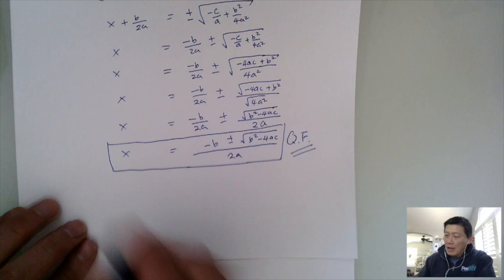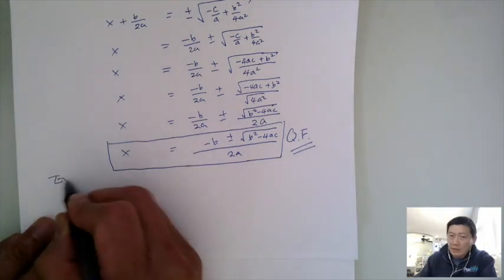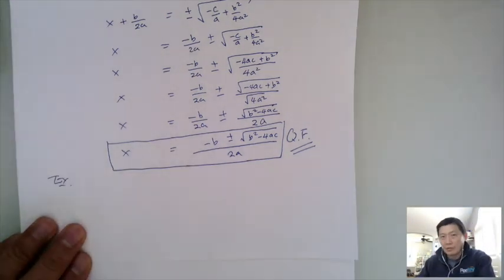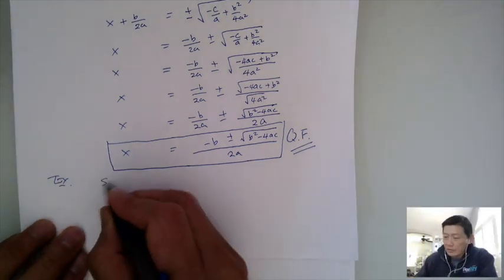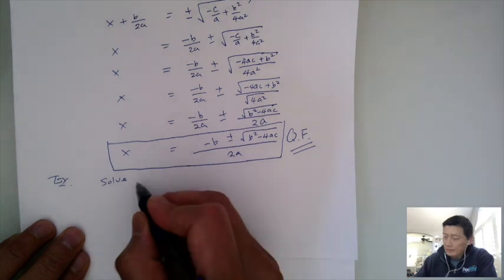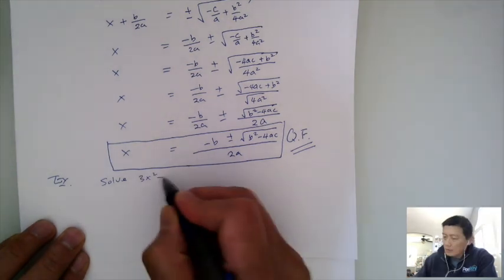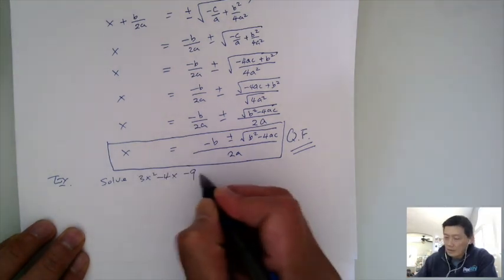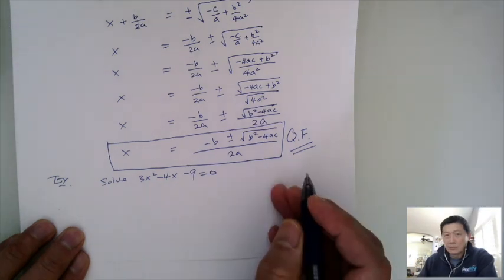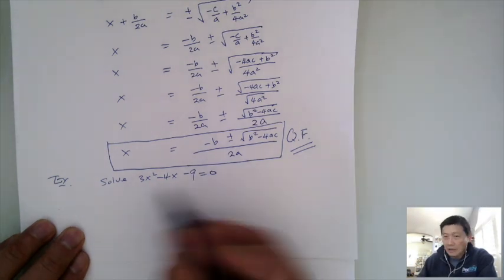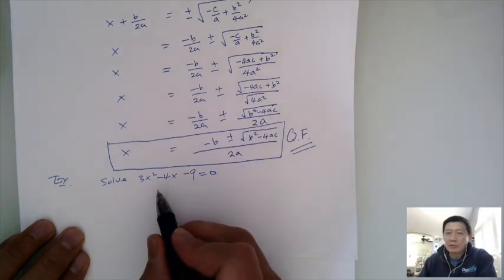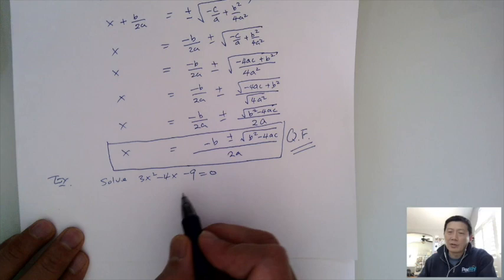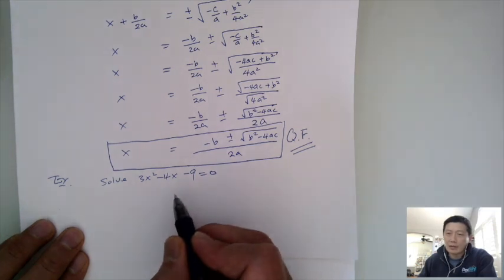So, let's keep going. The application of this is just applying it to a normal equation. So if you have an equation that says solve 3x squared minus 4x minus 9 is equal to 0, you look at this and say, okay, there's not a simple way to factor this out. You can do complete the square on this one, but it's probably pretty complicated.